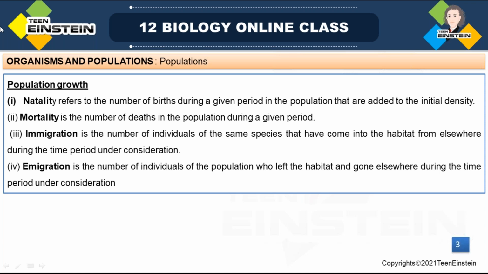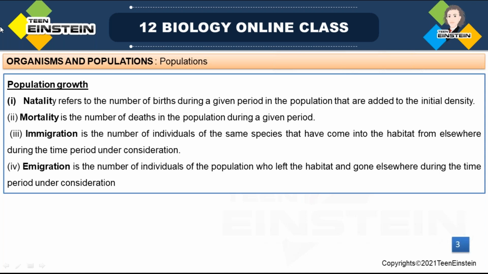Mortality means the number of deaths in a population during a given period. So during a given period, the number of deaths are more compared to the number of births. See, 10 people, 10 new births are taking place.